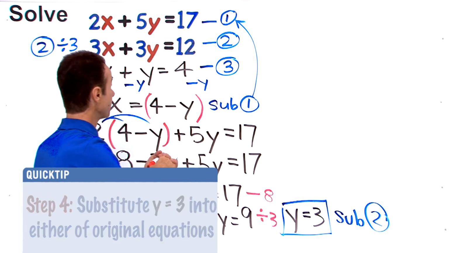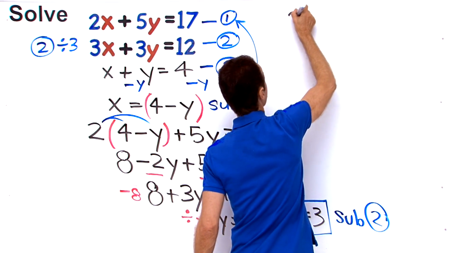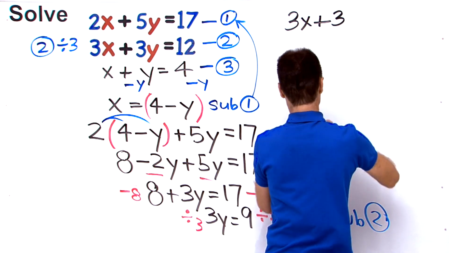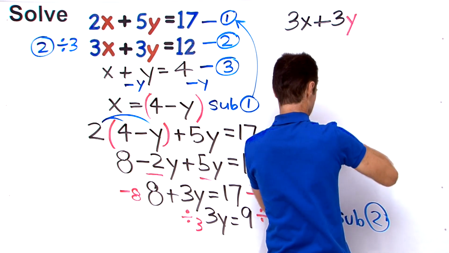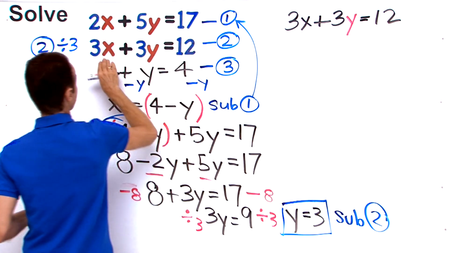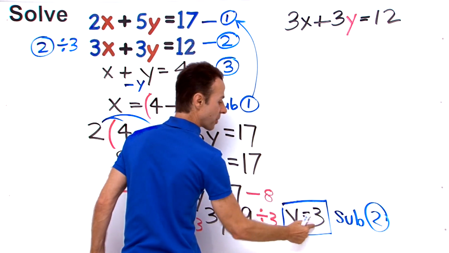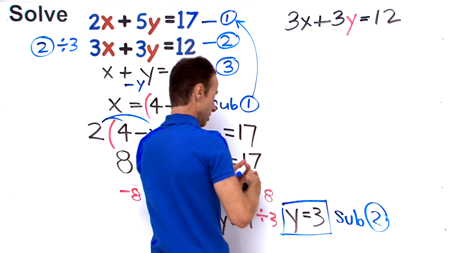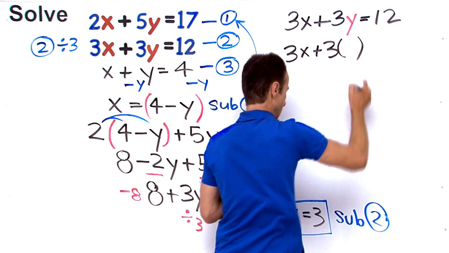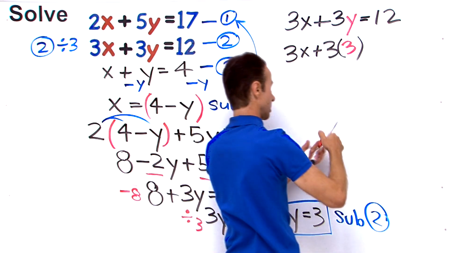So let me write the whole thing out again. 3x plus 3y equals 12. 3x plus 3, and the y is 3.